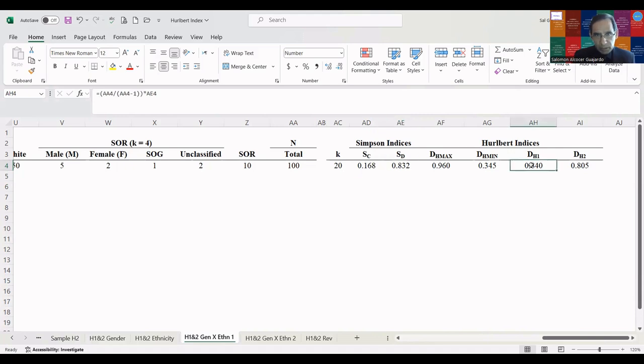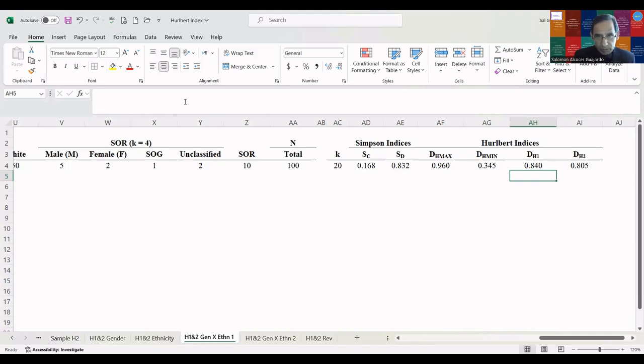So when I apply the Hurlbert index for the diversity score, it's going to be, again, 100 divided by 100 minus 1 times the Simpson diversity score of 0.832. When the product is obtained, I get a Hurlbert diversity score of 0.840, which is fairly consistent with the Simpson diversity score.